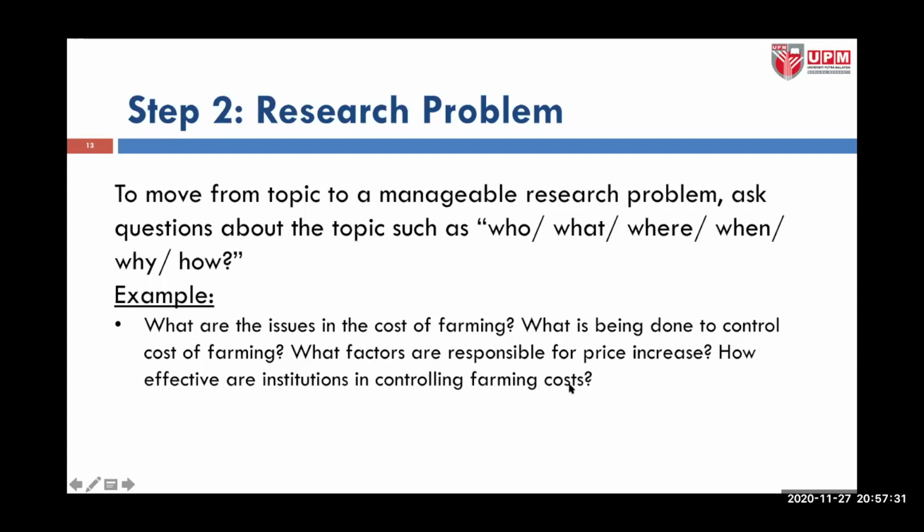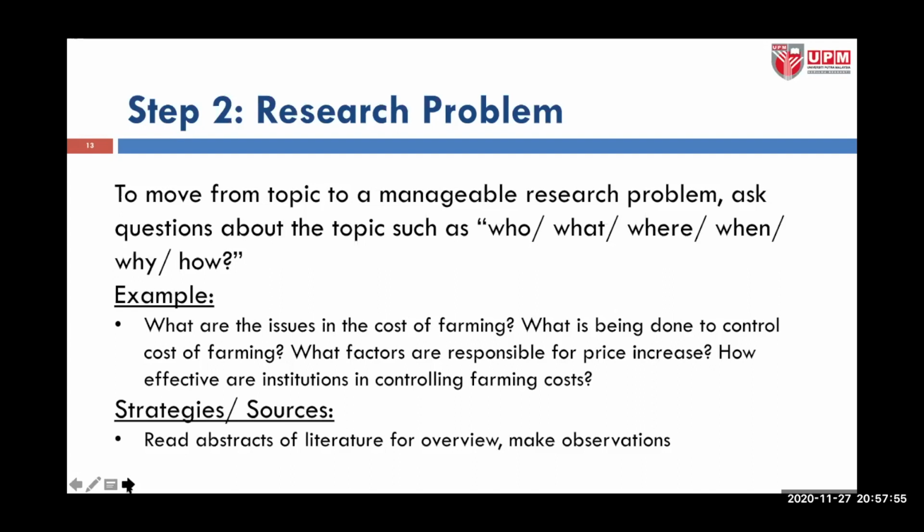So those are the things that you may ask, because later you are going to write the problem statement. From asking these things, it will relate back later on to establish a good problem statement.